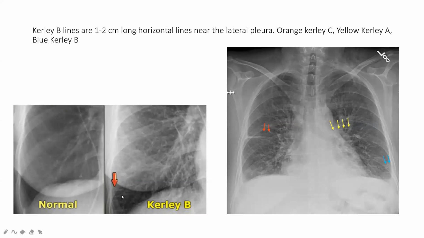Kerley B lines are usually the most peripheral types of Kerley lines, so you would expect to see them most peripherally, as you can see here, being shown by the blue arrows. The orange arrows show Kerley C lines, and the yellow arrows show Kerley A lines. So if you see this, this means there is a lot of pressure and a lot of fluid in the lungs, which shouldn't be there.